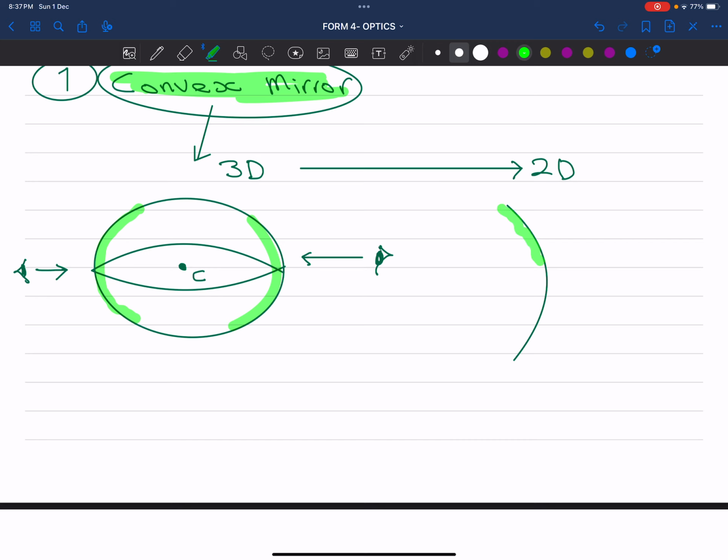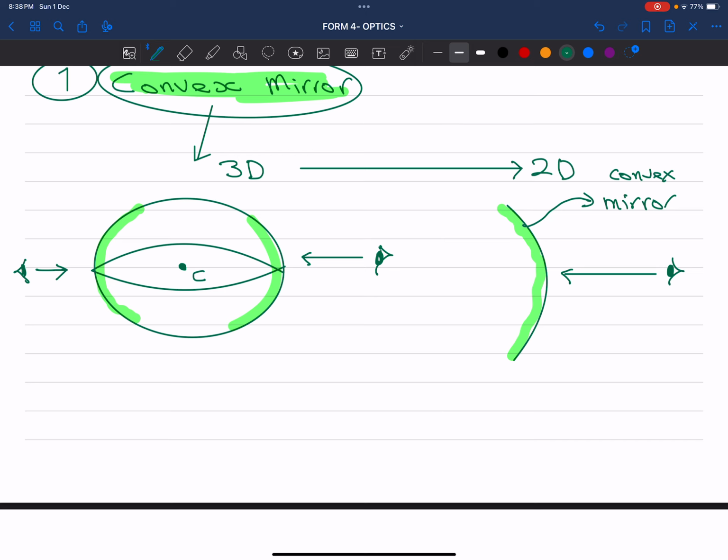This was the inside part of the mirror. And we are looking from the right hand side towards the mirror. And this is the mirror. Okay? Of course, the convex mirror.